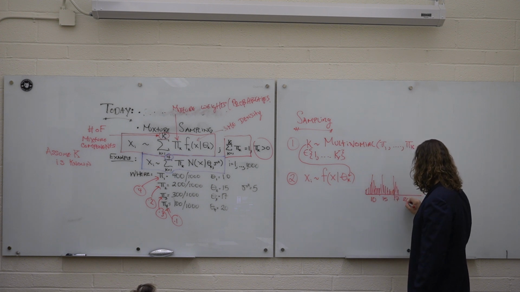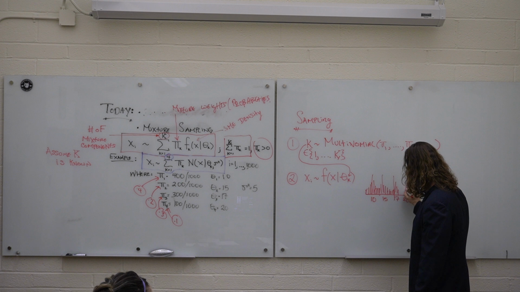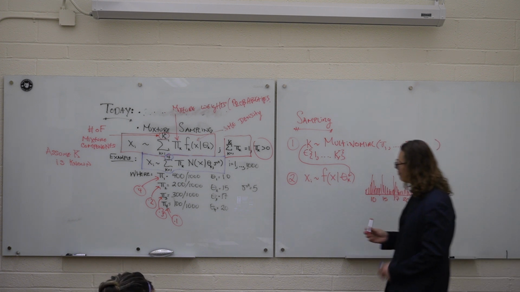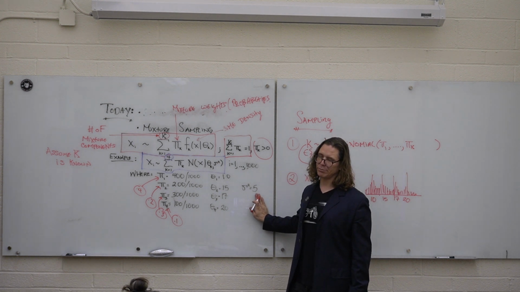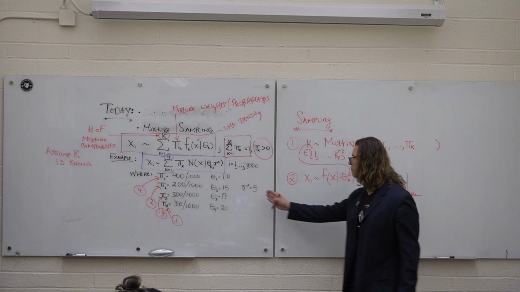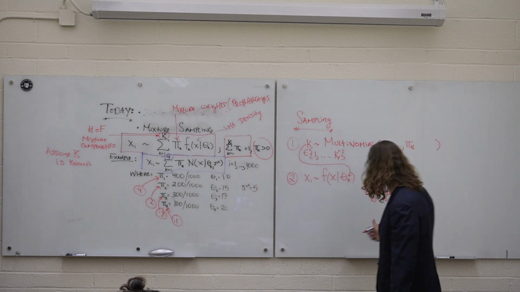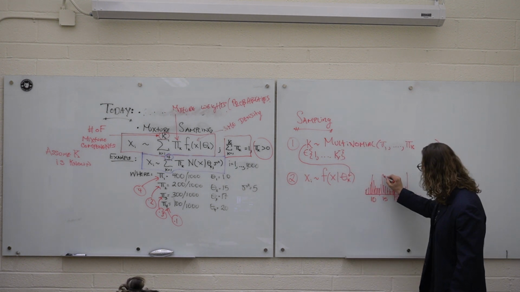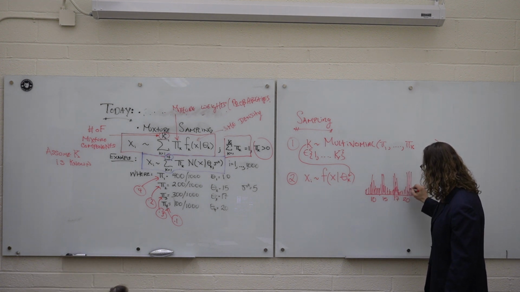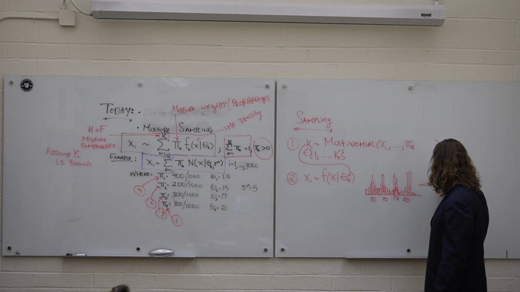Then I have something centered at 20. Now I do understand that I pictured the variance to be fairly large in all of this, but if I made the variance smaller and we re-simulated the data, I'd have really defined peaks. And this is the data that we would get. So here's our data.